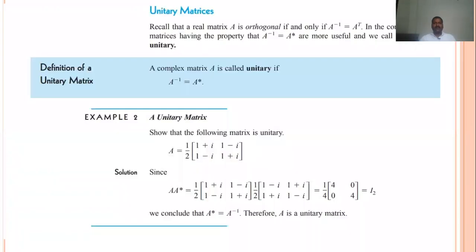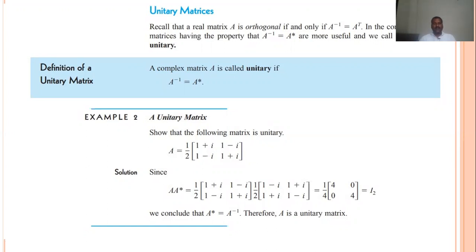Okay. Now, what is a unitary matrix? To bring in complex numbers also within the purview of an orthogonal matrix, a square matrix A is said to be unitary if A A conjugate transpose equal to A conjugate transpose A equal to I, or A A star.